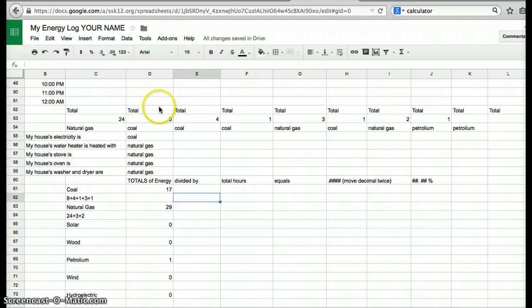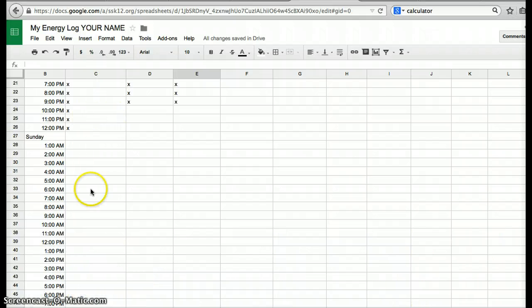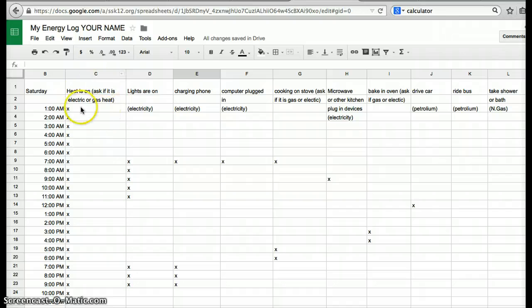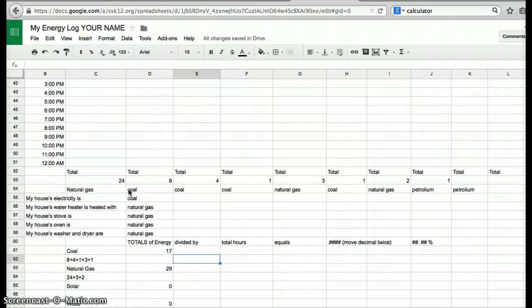All right, so we already totaled, we did a lot of totaling. First, we found how many hours we used a certain device for, whether it was the heat or the lights. We totaled how many hours we used heat for, how many hours we used the lights for. Then we looked at it at a different angle.